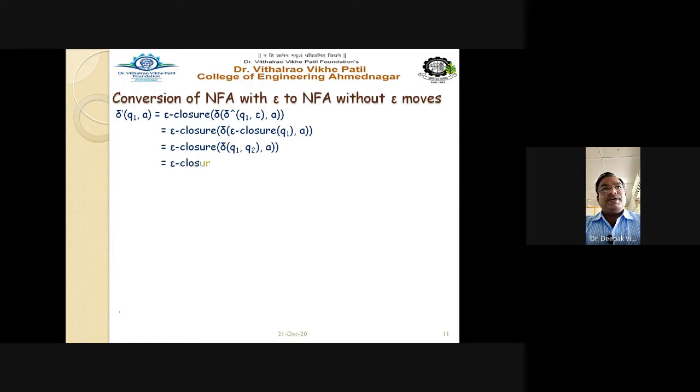So again we have to split it here, delta q1 comma a union delta q2 comma a. The delta q1 a transition is q1 itself, and q2 a again goes to q1 itself. We have to find this transition from the diagram given in the question. If you want to check it, let us check it in the diagram itself, q2 a and q1 a.